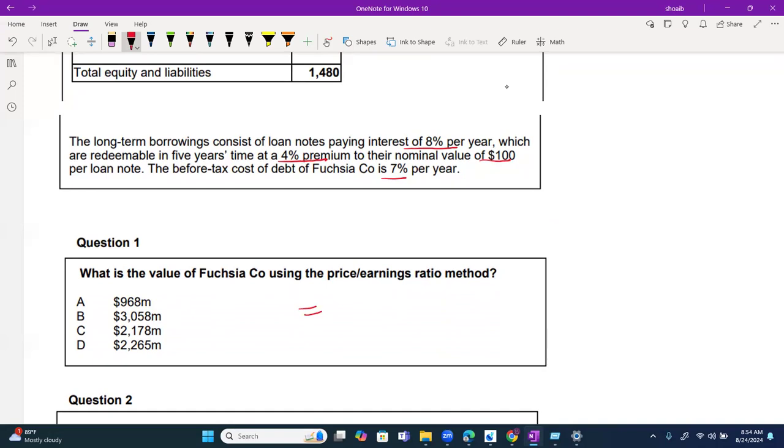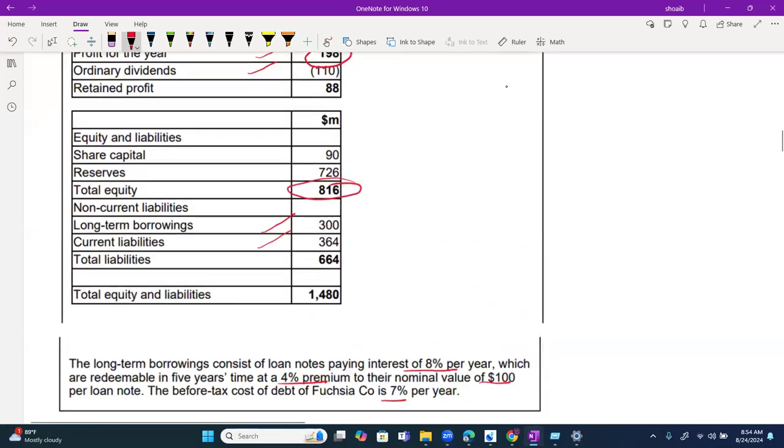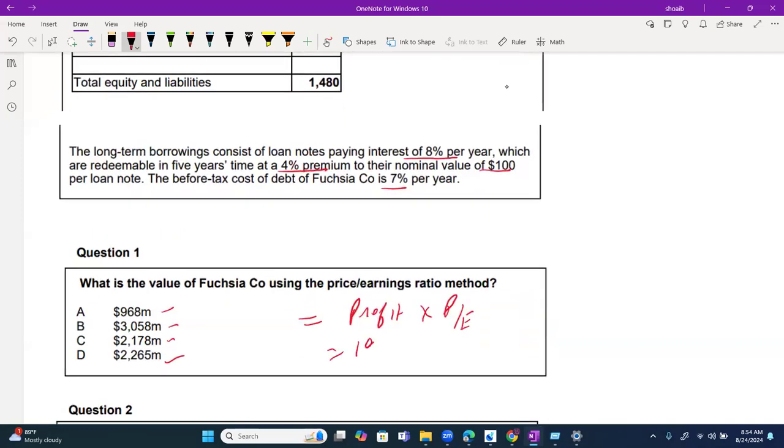Let's calculate. If you recall, what is the PE ratio formula? You should know the profit, because the answer is given in millions. So take the total profit into PE ratio. What is the total profit of our company? 198. Now search where the PE ratio is given.